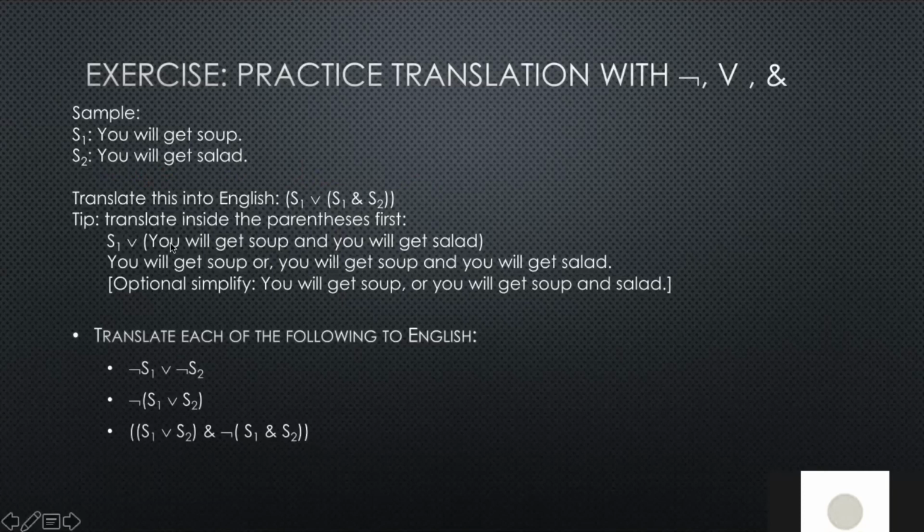And now when we translate that, we get you will get soup and you will get salad. So now we have to translate S1 and we'll end up with you will get soup or you will get soup and you will get salad. And we could simplify this by saying you will get soup or you will get soup and salad, which sounds a little bit more obvious in English.